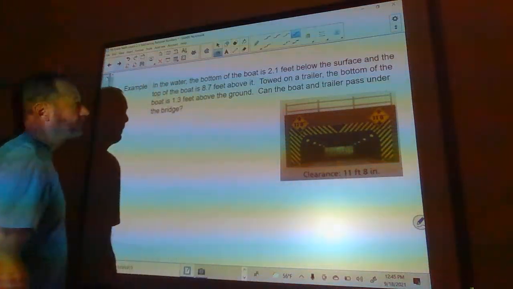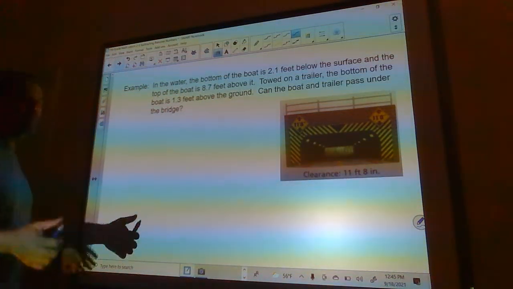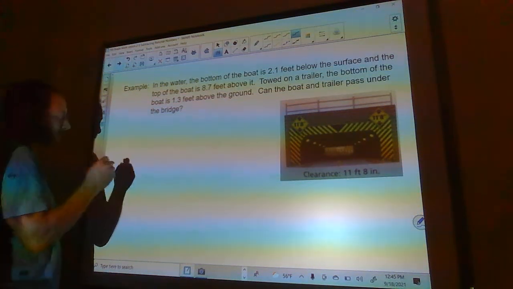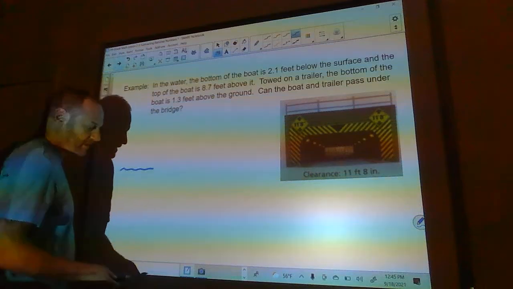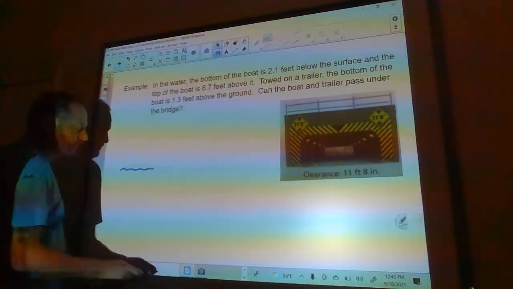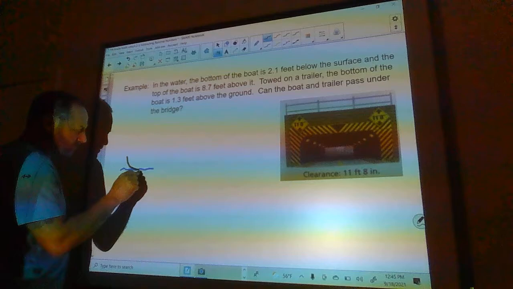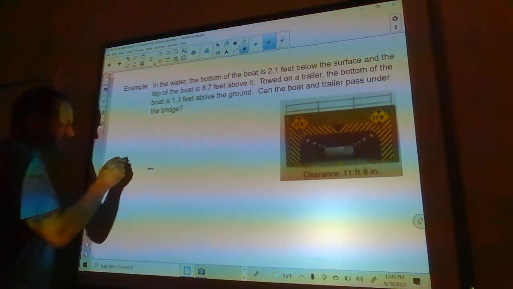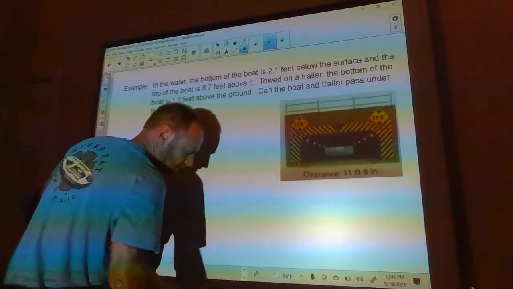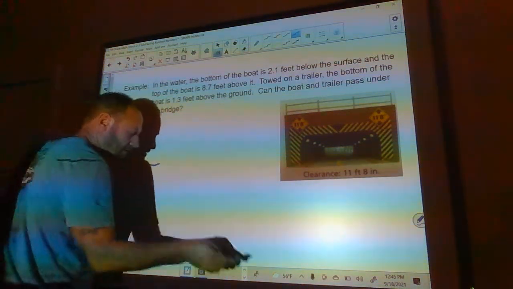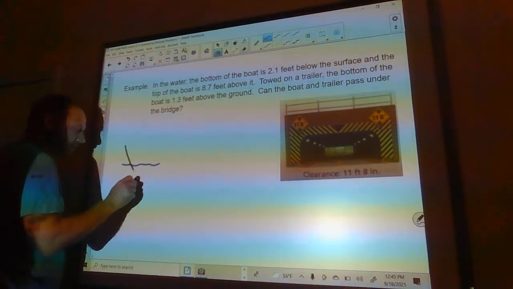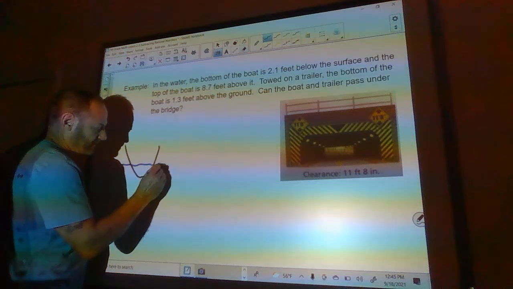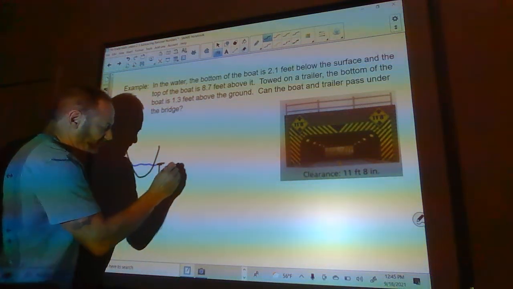Sometimes if you get confused, sketching a picture can be the best way to answer a question. So if this is my water line, and my boat sits in the water like this. Well, that's terrible. Let's redraw this. Here's the water, and here's my boat. The bottom of the boat is 2.1 feet below the surface, so this is 2.1 feet.